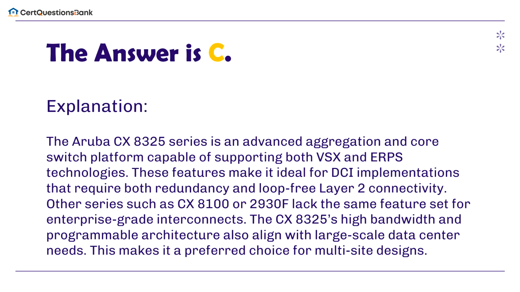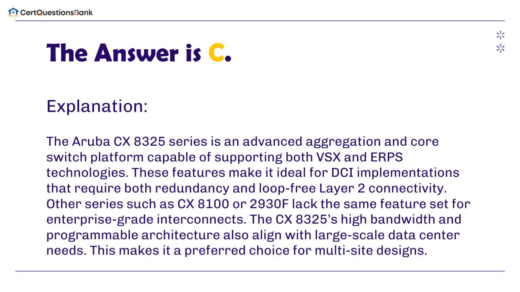The Aruba CX8325 series is an advanced aggregation and core switch platform capable of supporting both VSX and ERPS technologies. These features make it ideal for DCI implementations that require both redundancy and loop-free Layer 2 connectivity.